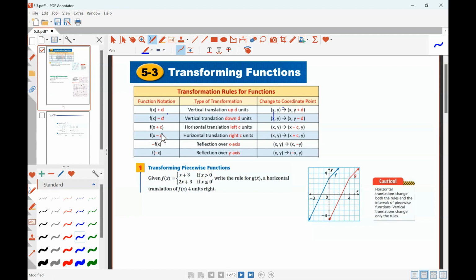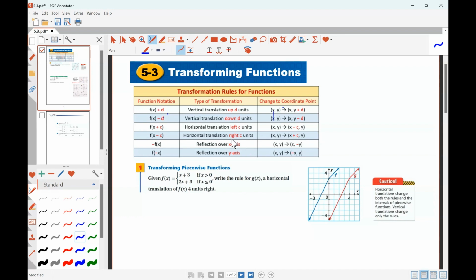And you also studied reflection last year. Reflection is a transformation that flips a figure or a graph across a line of reflection. So if the reflection is around the x-axis, you just take the opposite of the function. Just write minus in front of the function. Taking the opposite of function will give you the reflection around x-axis.